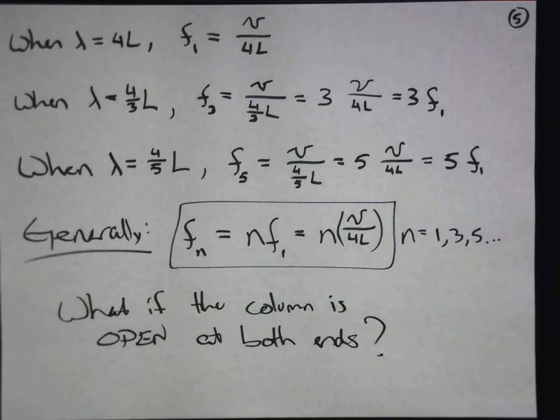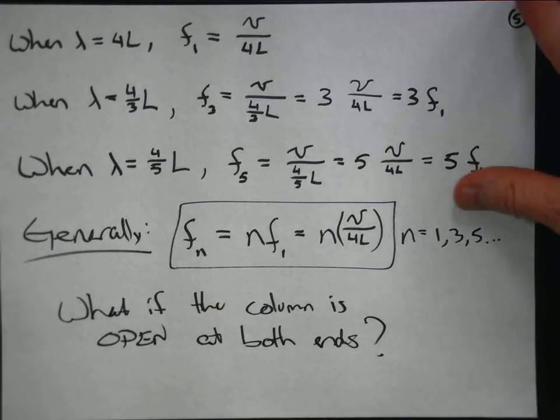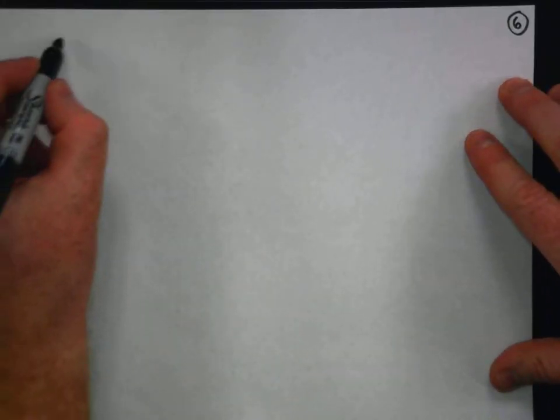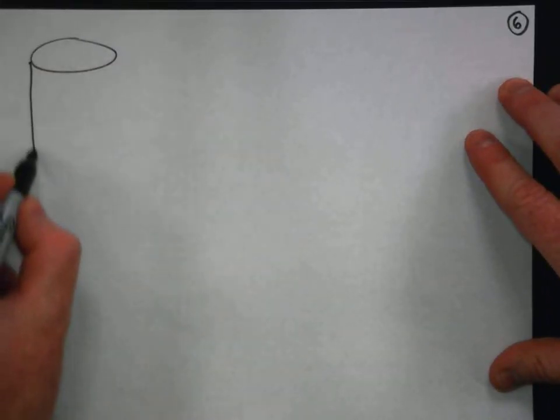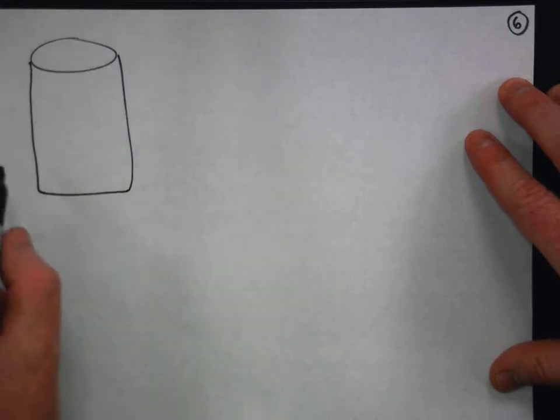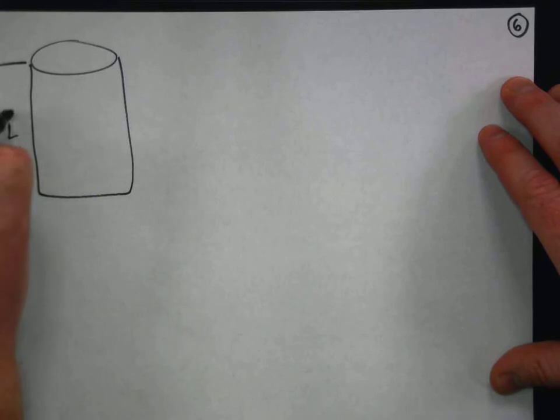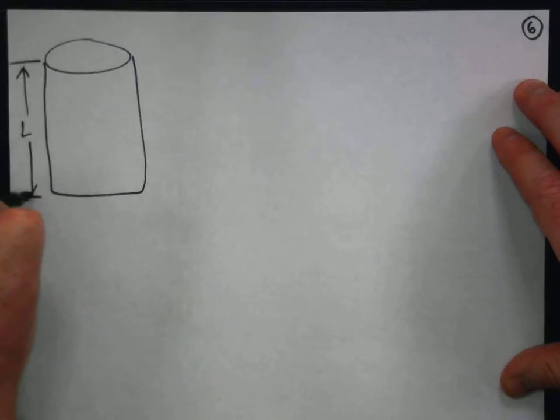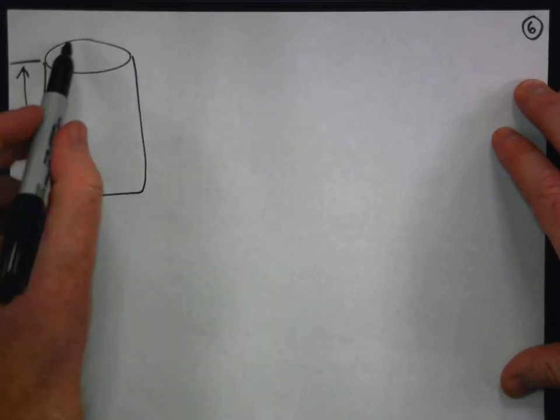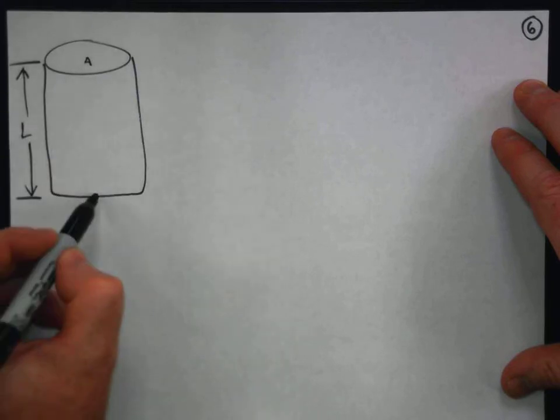However, what if you don't close that bottom end of that tube? All right, let's check it out. If it's open, you can probably imagine this. We have a length from there to there. And now, since it's open at both ends, there's got to be an antinode at each end.